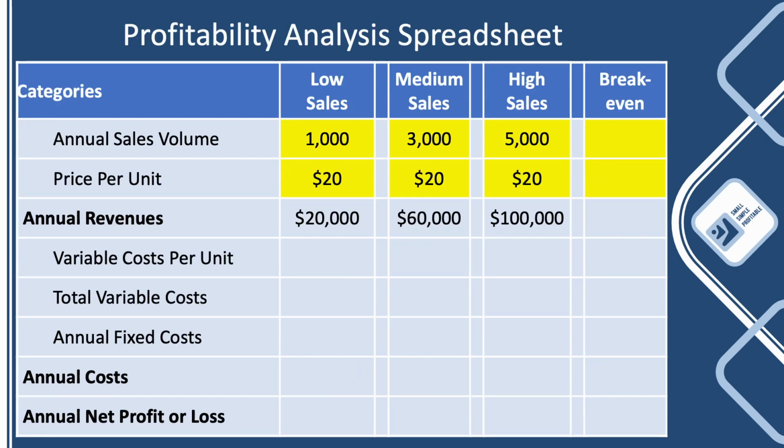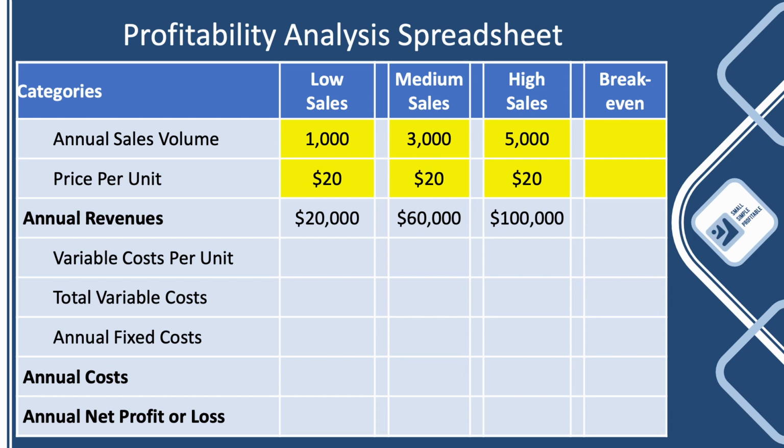Going back to the main spreadsheet, you now have the sales volumes and the price per unit entered into the first two rows. The spreadsheet will now automatically calculate the annual revenues for each column. In this example, in the low sales column, a sales volume of 1,000 hours times $20 an hour will equal $20,000 in annual revenue for the year.